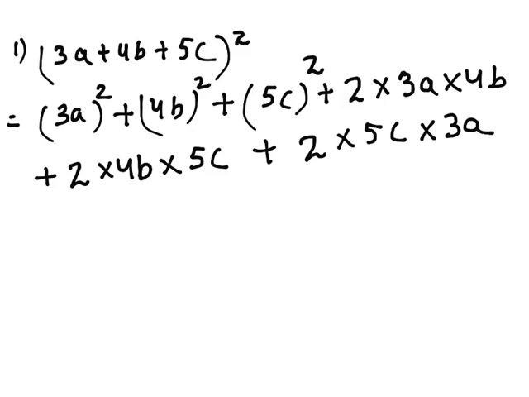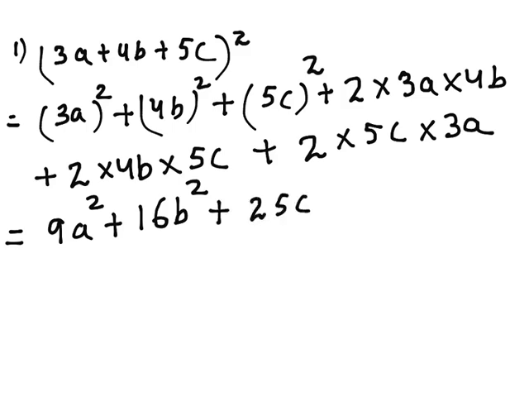Now let's solve it. 3a whole square will give us 9a². 4b whole square will give us 16b². 5c whole square will give us 25c². Now this one, 2 times 3 is 6, 6 times 4 is 24ab.